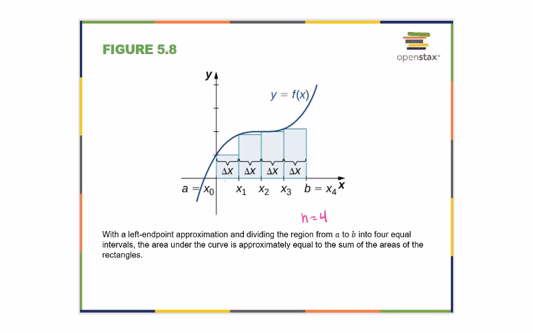So it seems like if we were to increase the number of rectangles, increase the value for n, then that would give us smaller widths, and smaller gaps. And so that might seem to give us a more accurate depiction. So let's see what that would look like.